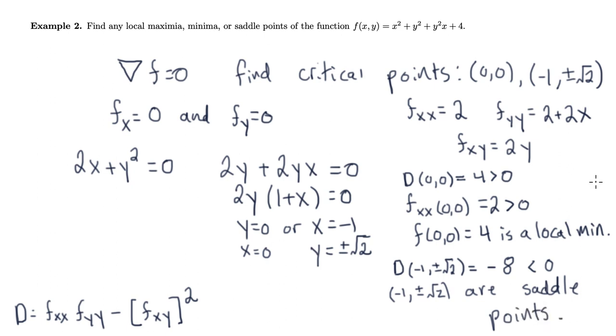Okay, and that's it. So I have one local minima here at 4, and I have 2 saddle points at -1 plus or minus root 2.